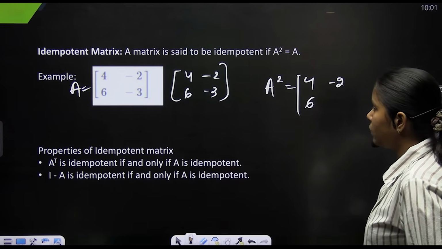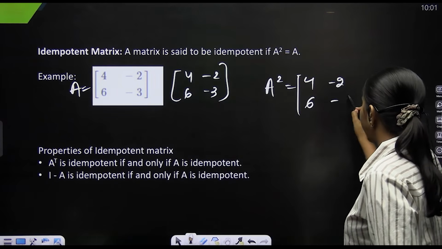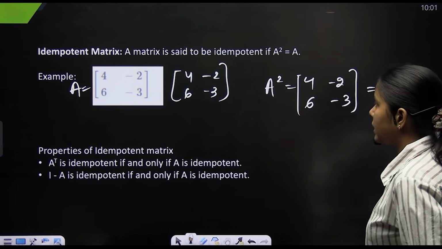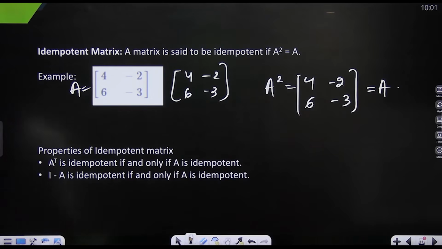Minus 3 into minus 2, that means 6 minus 9, that gives me minus 3. So A square is equal to A. So A is an idempotent matrix.